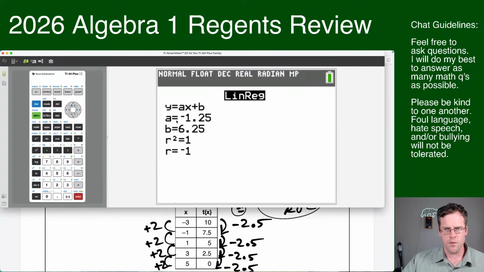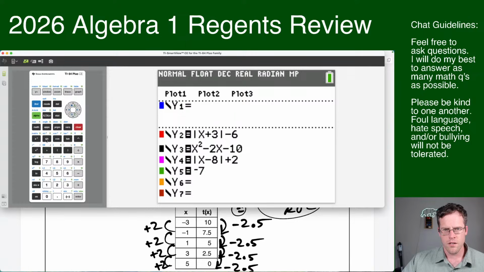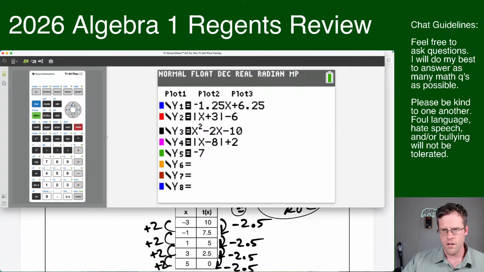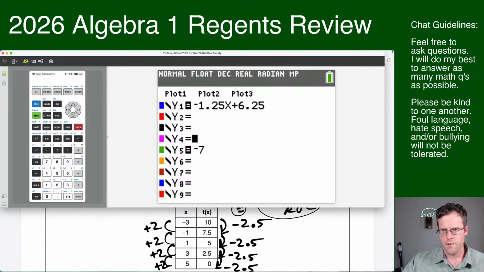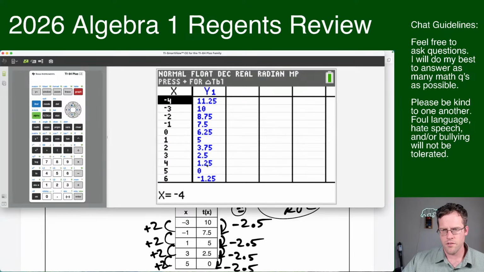So this would be the line, y equals -1.25x plus 6.25. And now I'll clear out all the other stuff. That's another way. See, -3, 10, -1, 7.5, 1, 5. You could actually get the equation that way too.